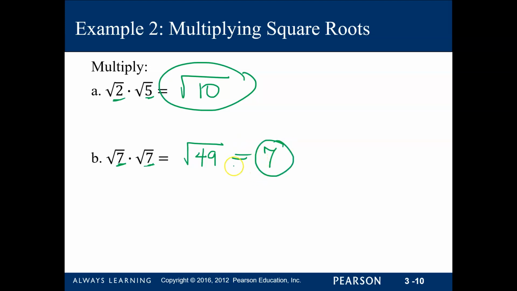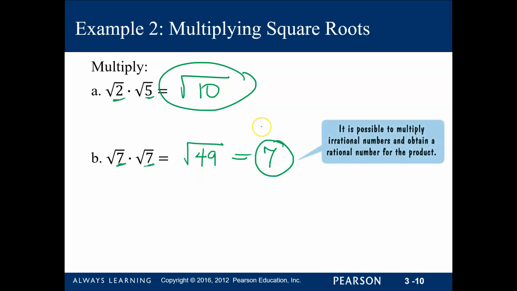Okay, so always remember, final answers are always simplified. If you have fractions, they need to be in lowest terms. If you have square roots or radicals, they should have the lowest possible radical in there.